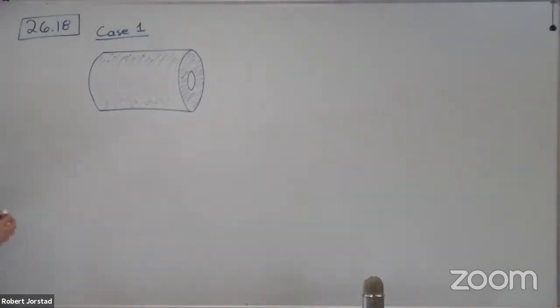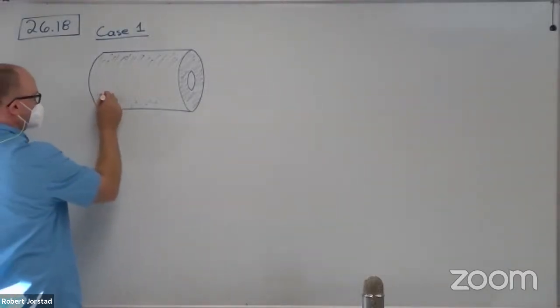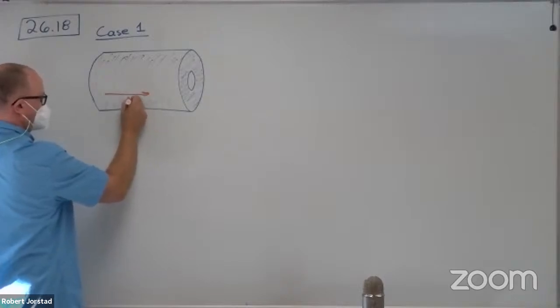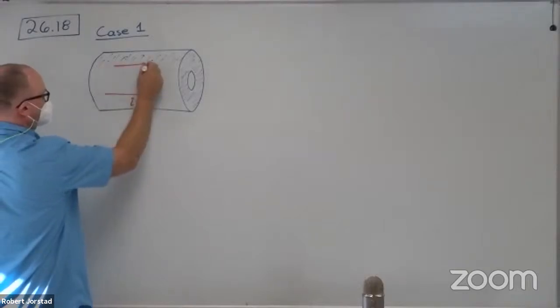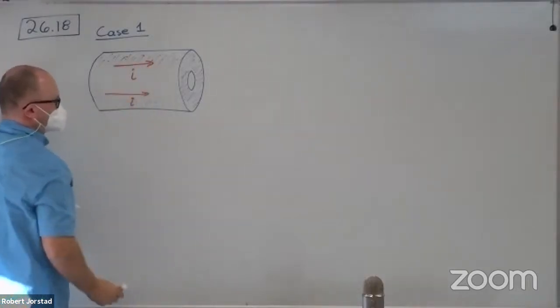Which way is current flowing in this one? To the right? Yep. And remember, current is not a vector, but we think of it like a vector.